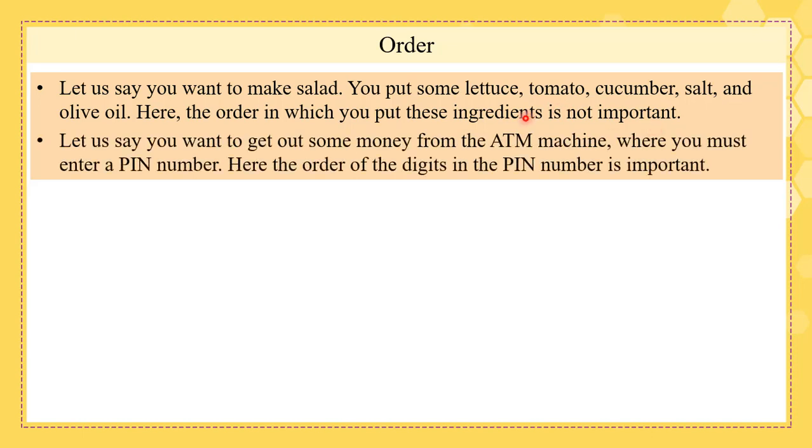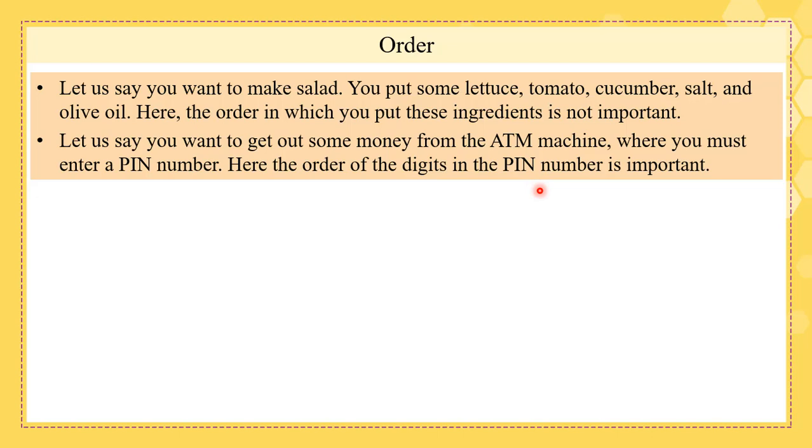Whereas if we go to the ATM machine to take some money and the ATM asks for the PIN number, here the order of the digits is very important, because if the PIN number is 1234 and we press 1432, it would not be the same. So depending on the case, sometimes the order is very important, and sometimes it's not that important. Now, how do we differentiate between the two cases? This will be taken later on.